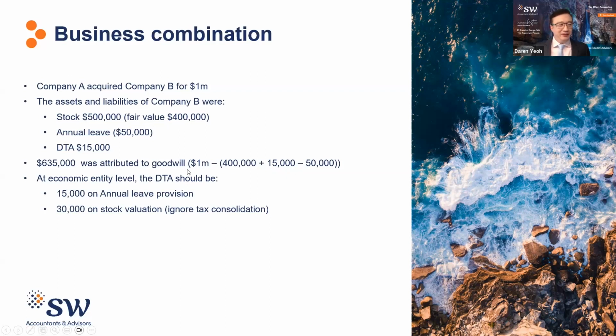So $635,000 for goodwill. However, you note that the economic entity has a different DTA because it's bringing the stock in at fair value. So there is a difference of $100,000 in the stock value, so there's a $30,000 DTA on the stock valuation. The carrying amount is $600,000 and the cost of the stock is $500,000.